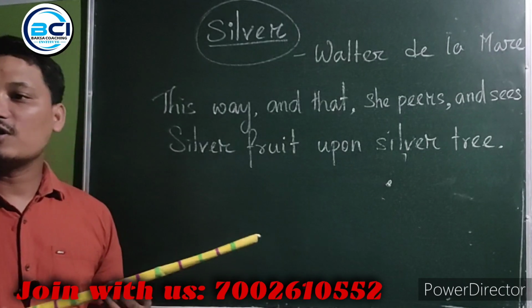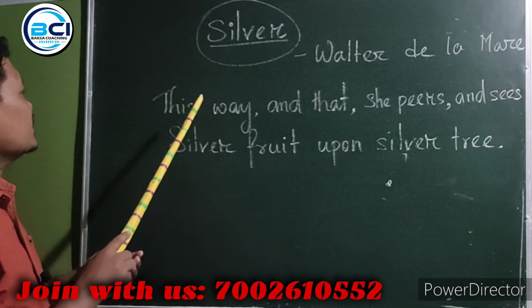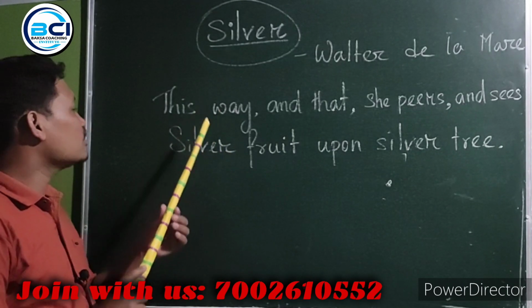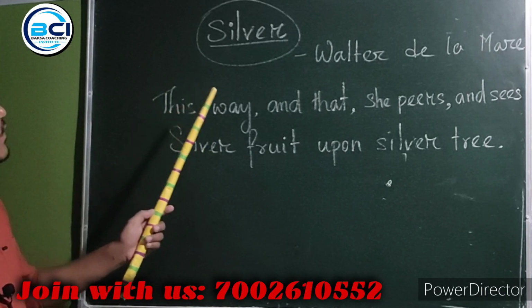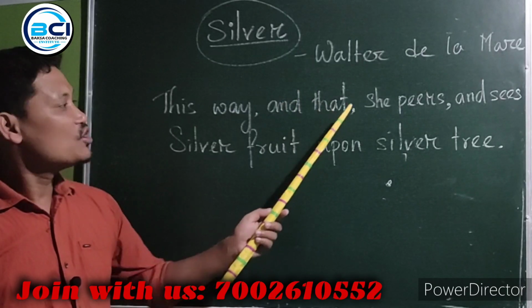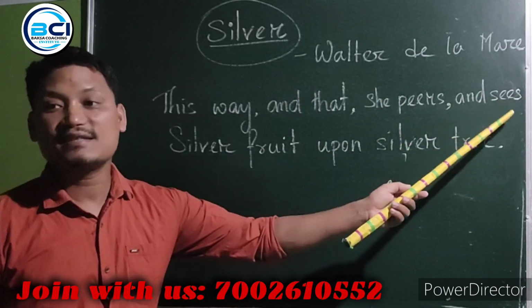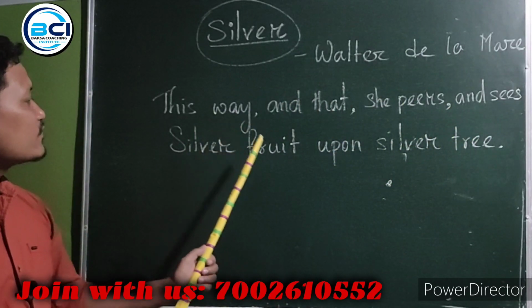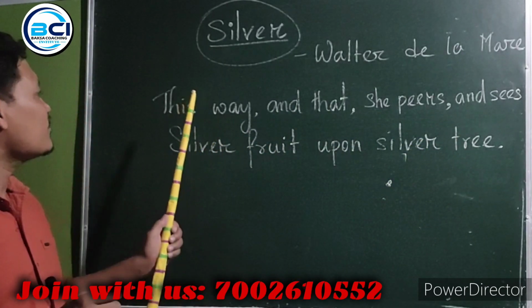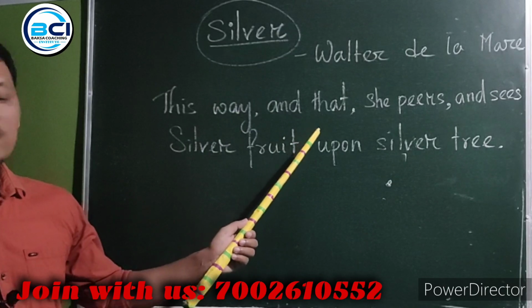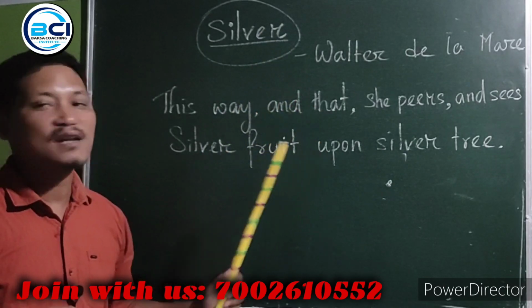So now we are going to understand the message conveyed by the two more lines. The next line is, this way and that. She peers and sees silver fruit upon silver tree. A lot of images are given in this line.